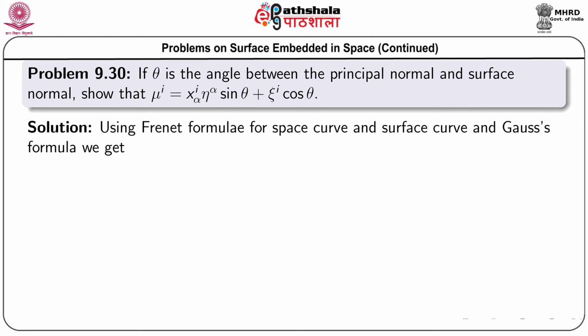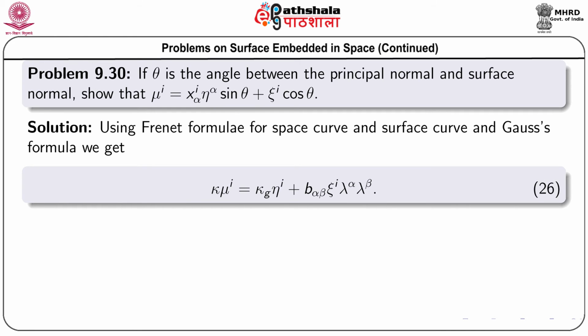So, using Frenet formulae for space curve and surface curve, and using Gauss formula, we get this relation: kappa mu I equals to kappa g eta I plus b alpha beta xi I lambda alpha lambda beta.